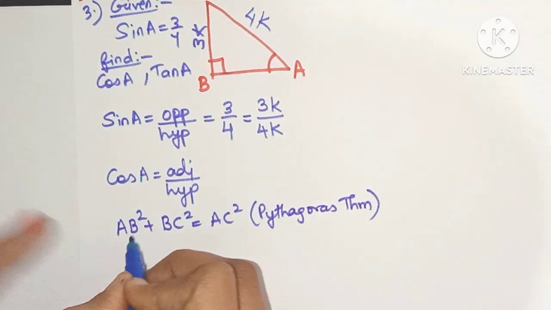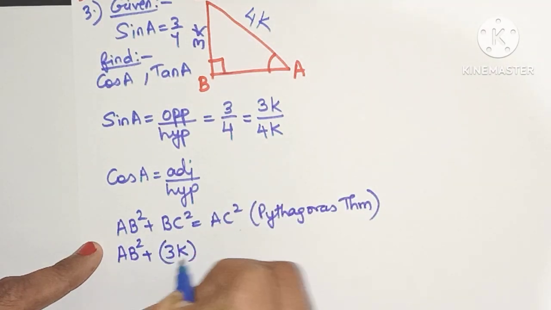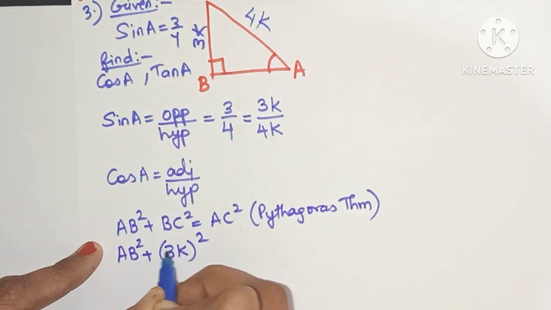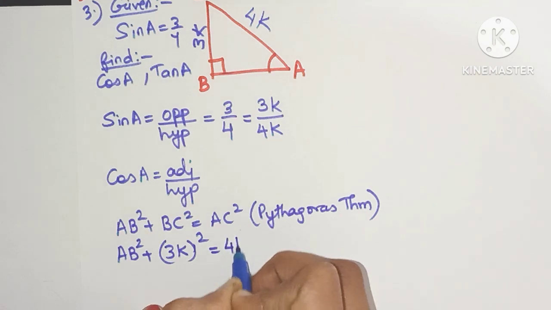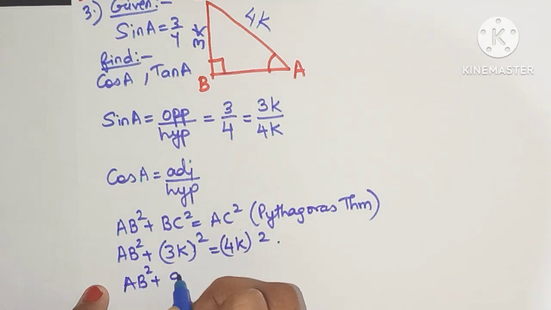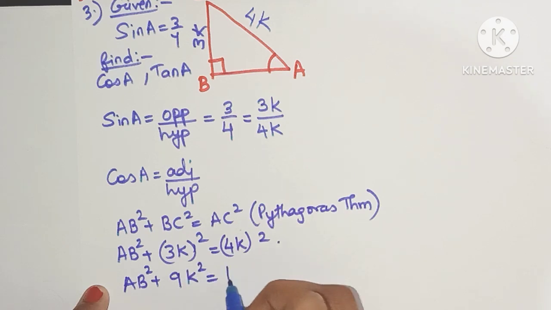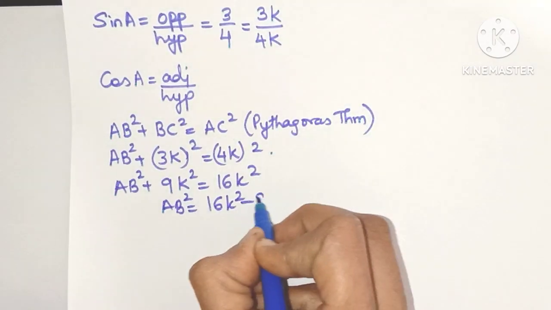AB square, I don't know, I have to find out. BC square is 3k, the whole square. Remember friends, 3 and k both are being squared, equal to 4k the whole square. So this is just your square knowledge that will come handy now. So AB square is 16k square minus 9k square.